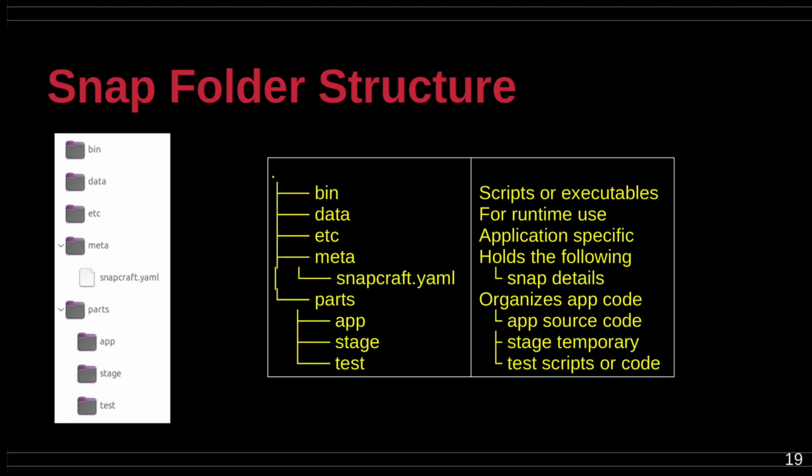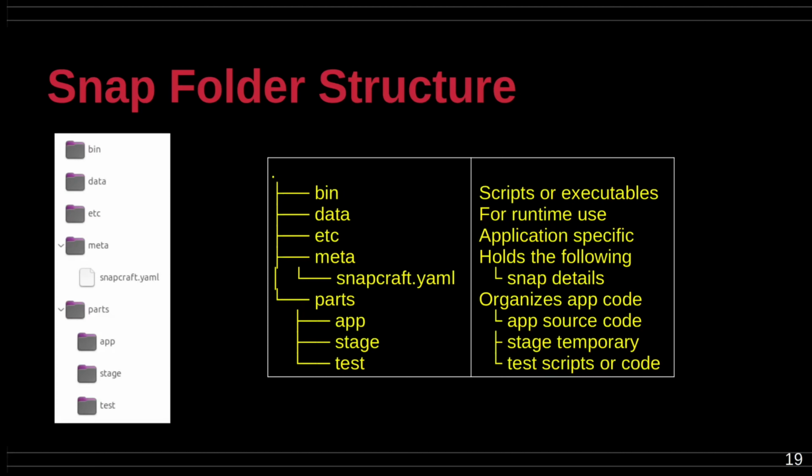This directory stores any additional data files required by the snap at runtime. etc. This directory contains configuration files specific to the snap under development. Meta. This directory contains the snapcraft.yaml file, which is essential for defining the snap's properties and build instructions.